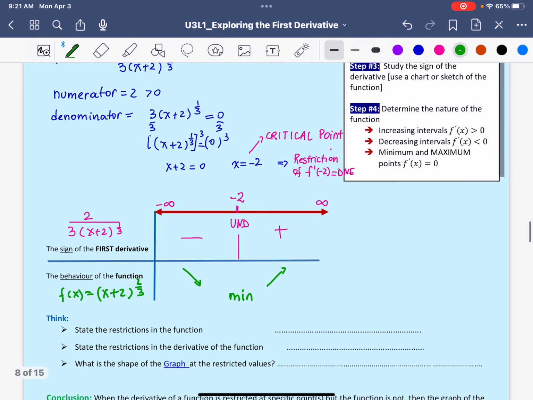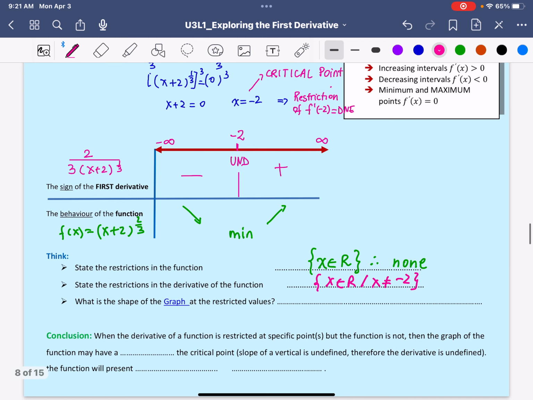The restrictions on the graph of the function are none, so x is any real number. The restrictions on the derivative of the function, there is one. x is any real number with an exception that x cannot equal -2.